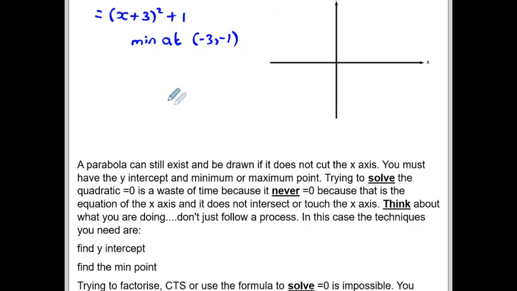Minus 3, minus 1. We have our y-intercept at 0, 10.